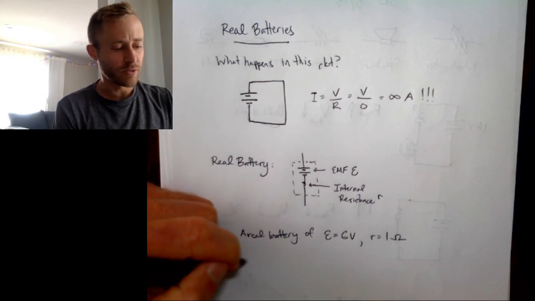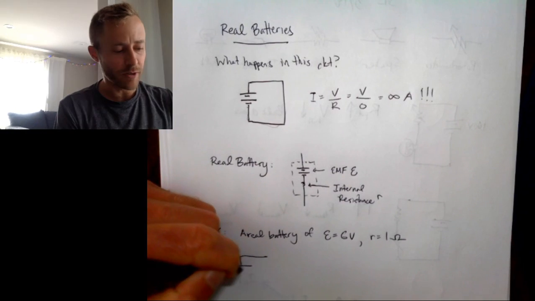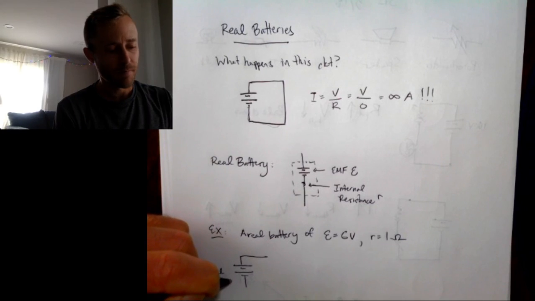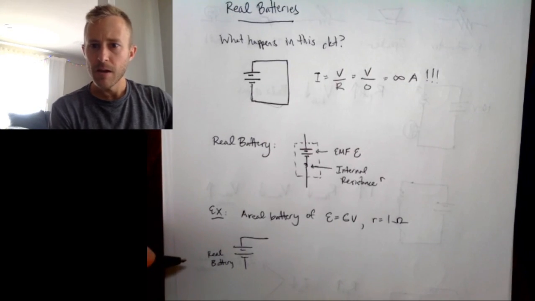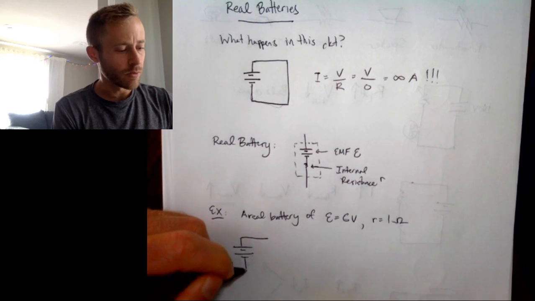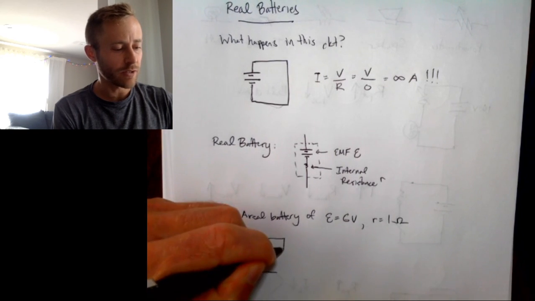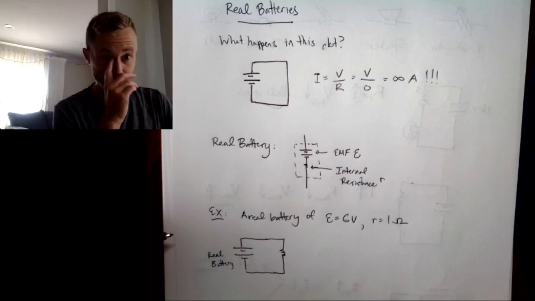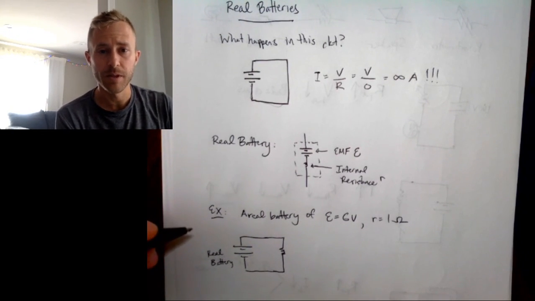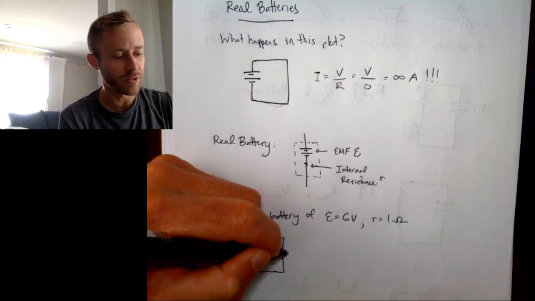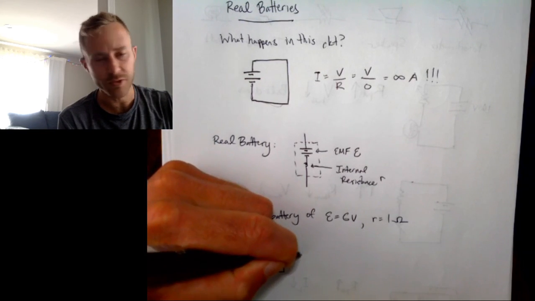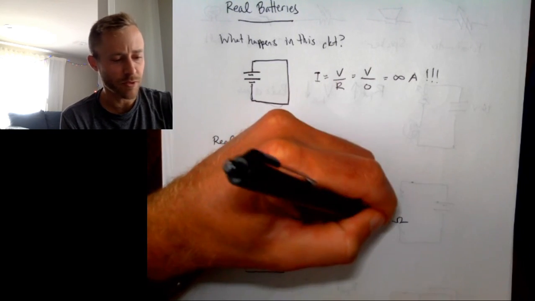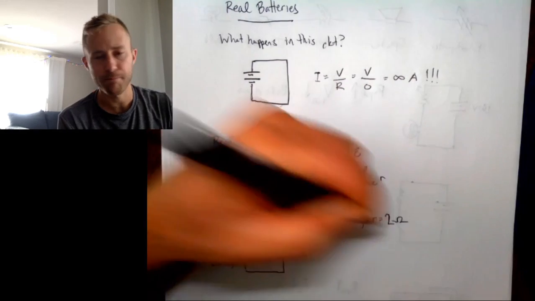And so this is the real battery right here. And the real battery is connected to a resistor. And so let's say that this is a 10 ohm resistor. Okay? Actually, let's make the internal resistance 2 ohms. Can I do that? I can.